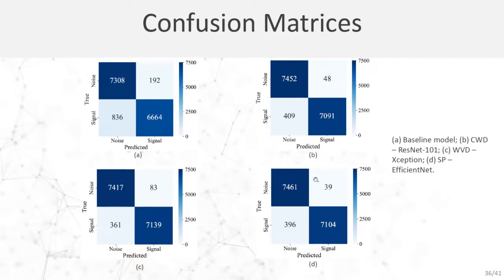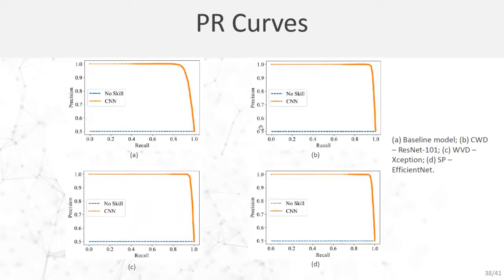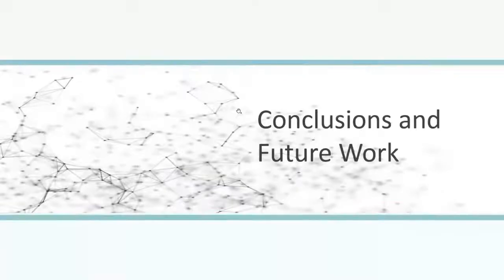And from these confusion matrices, we can see that the proposed method achieves very high classification performances and outperforms the baseline model. The same is true for these receiver operating characteristic curves, and finally for these precision recall curves.